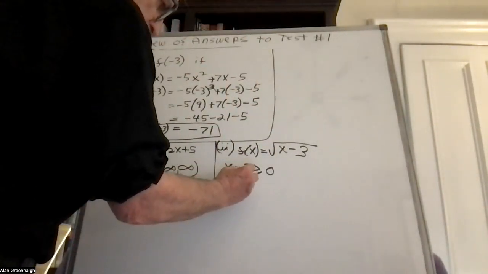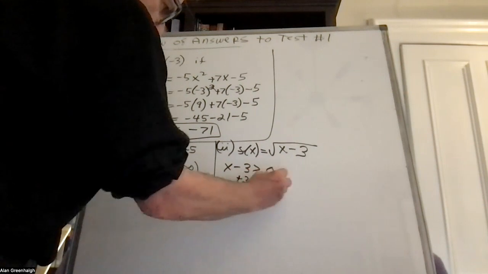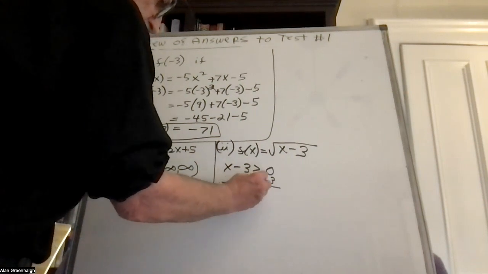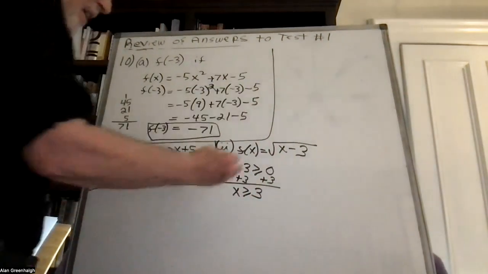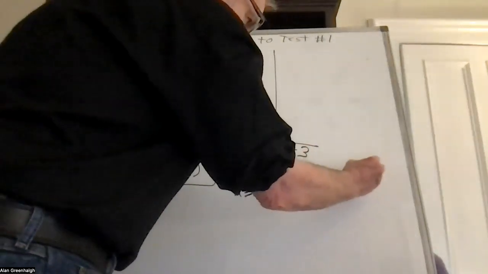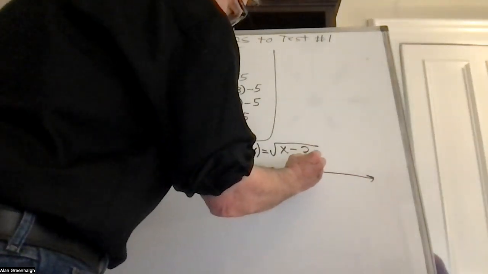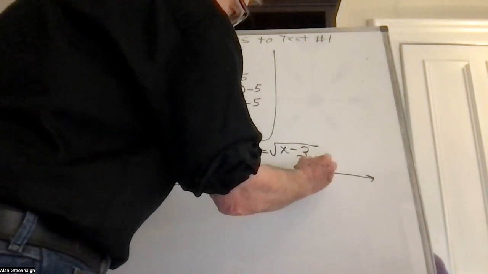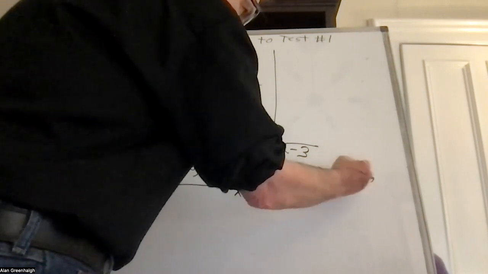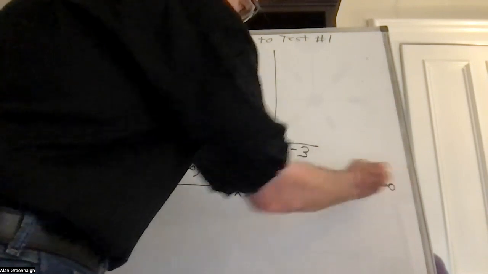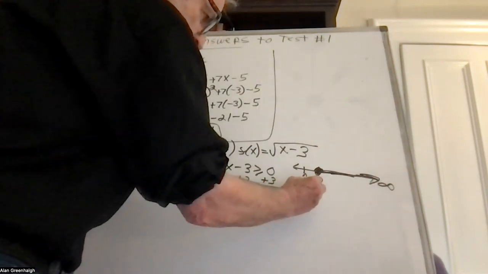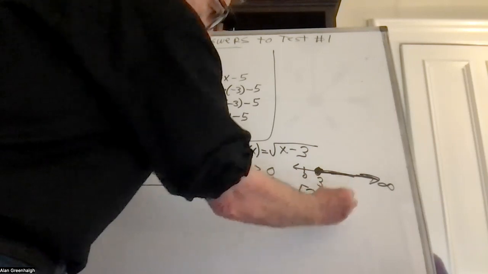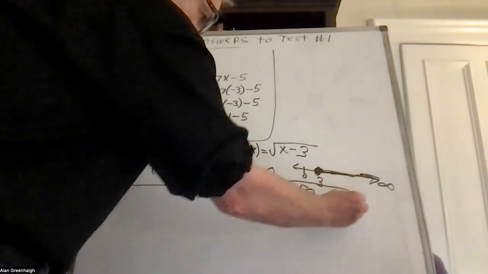I add 3 to both sides. X is greater than or equal to 3. If you want to graph it, you're welcome to do so. Here's 0, here's 3. Greater than or equal to 3, out to infinity. 3 to infinity. And that's the domain.